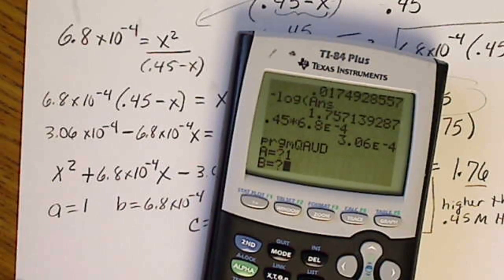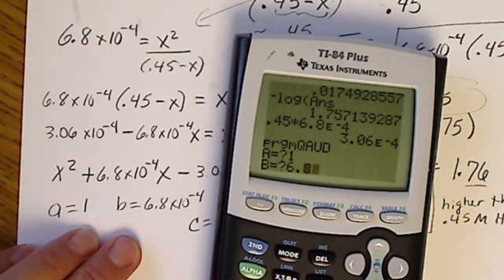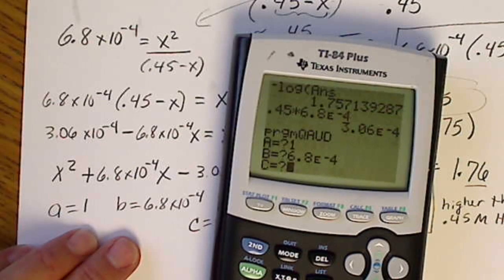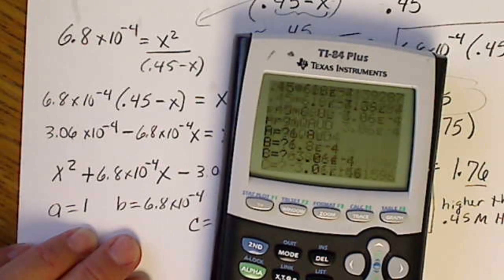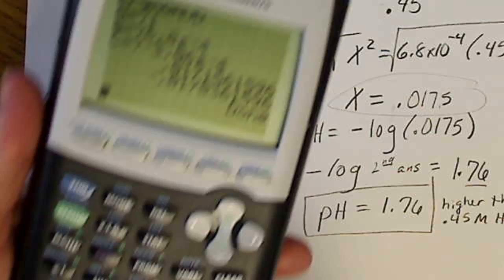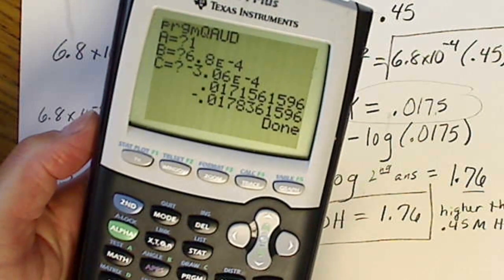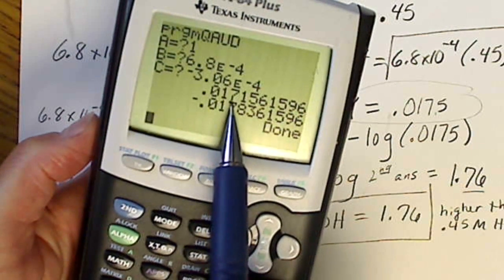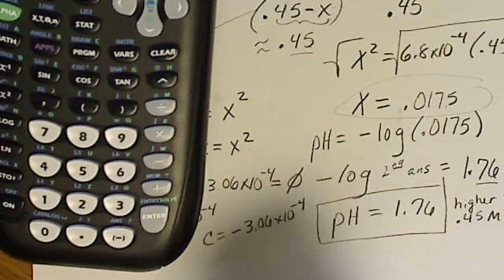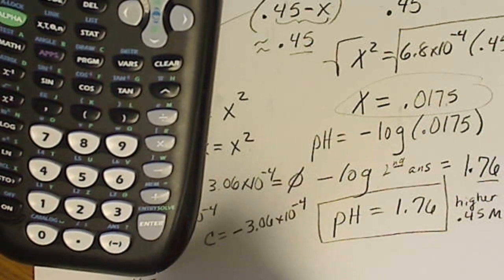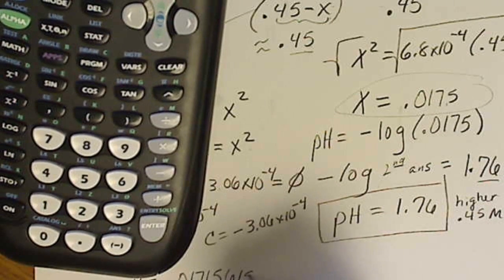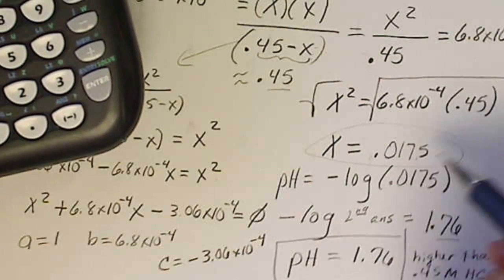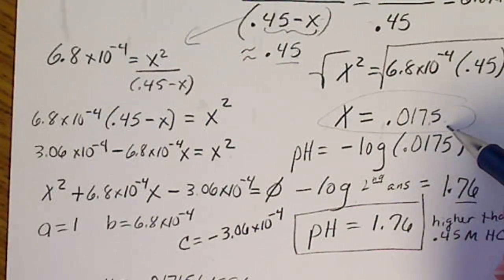A equals 1, b equals 6.8 EE negative 4, and c is negative 3.06 EE negative 4. And I solve for that, and I still get x equals 0.0715. I'm not going to use the negative value here. 0.017156, as opposed to the value I got here.